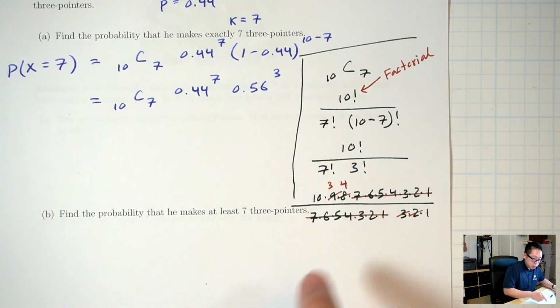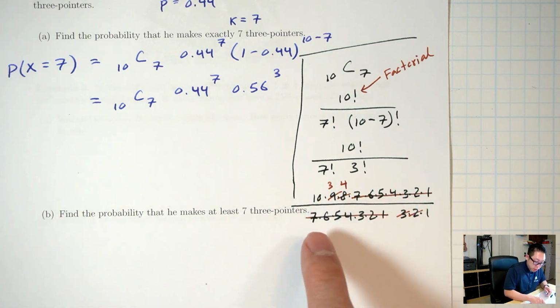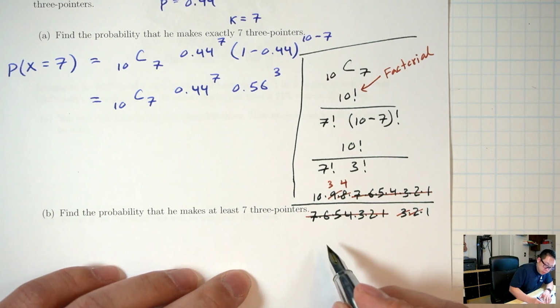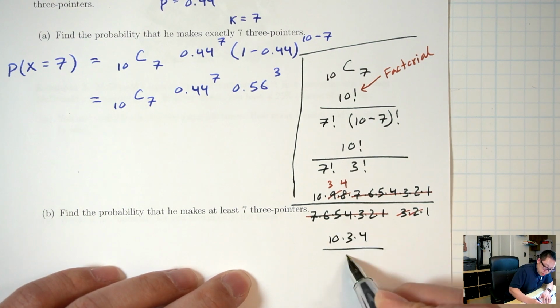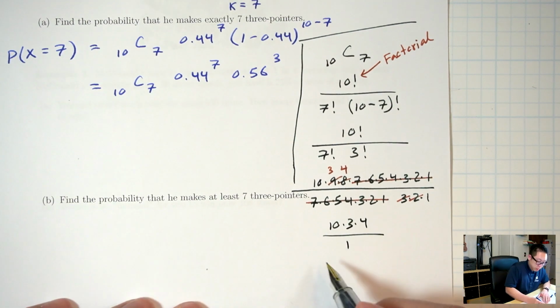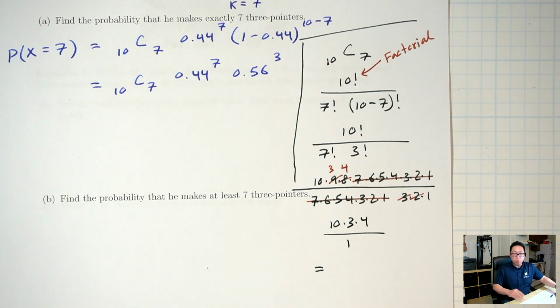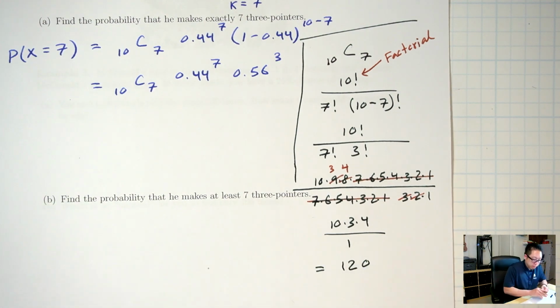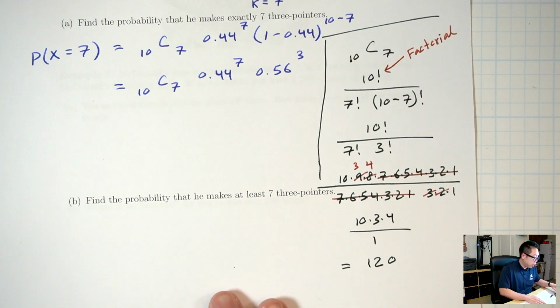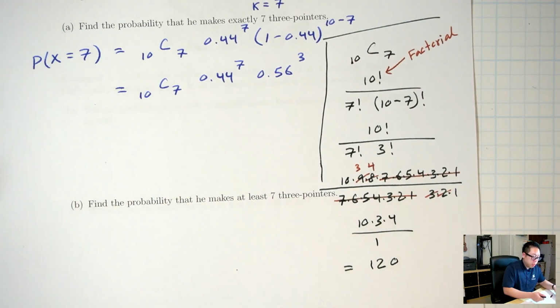So what we have here is on top 10, 3, and 4. On the bottom is just a 1, which you don't really need to write. So 10 times 3 times 4 is 120. So there's 120 different ways that you can choose where he makes those 7 out of those 10.